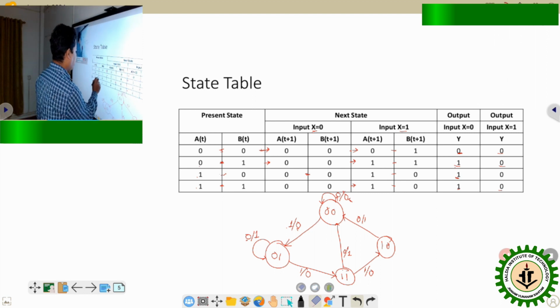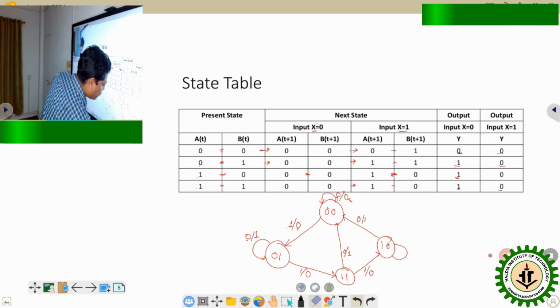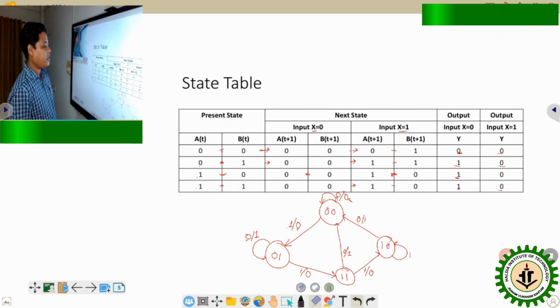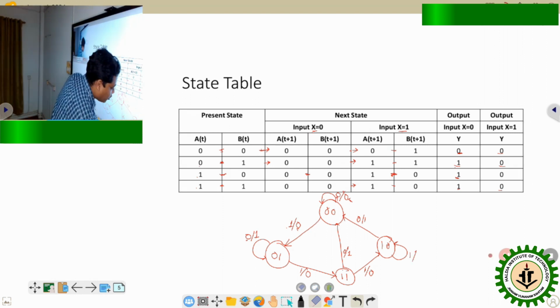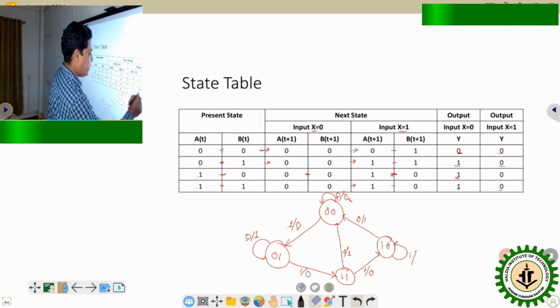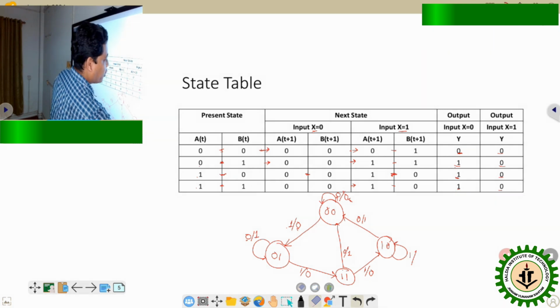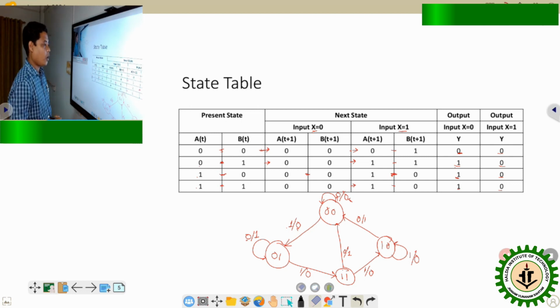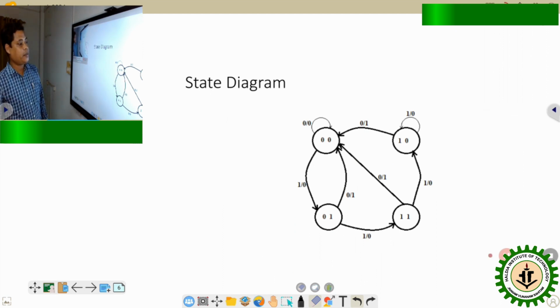And we can observe that if the present state equals 1 0 and for the given input x equals 1, the state is not changing. So in case of given input x equals 1, the state will remain at the 1 0 state, and in this situation the output equals 0. So this is the overall state diagram of the circuit presented here.